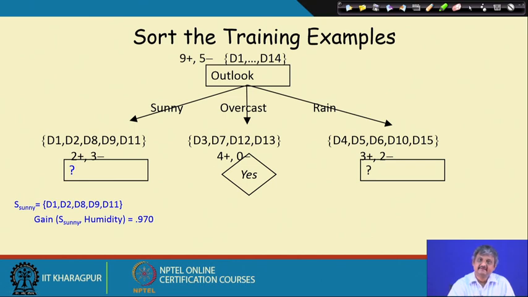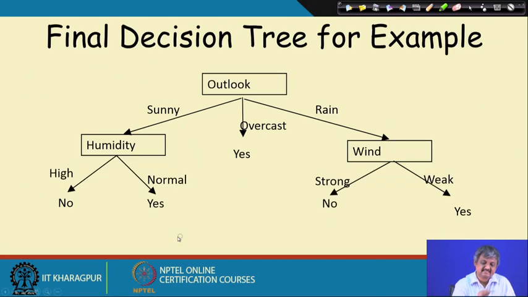So, gain on humidity is this, gain on S sunny, not the full set, only on S sunny, wind is this. Humidity is highest, so I split on humidity, and I repeat the exercise for this, and I get pure leaf nodes, and this is what I get.